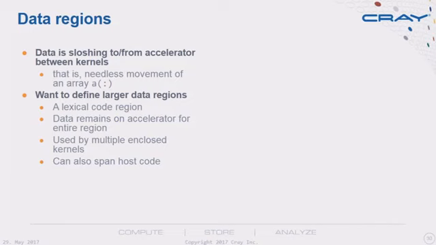In the last example, we wanted to have the data from the beginning of the first loop until the end of the second loop stay on the GPU and not copy it back and forth. That's what we can do with the data region, and therewith we can avoid this excessive copying of data.